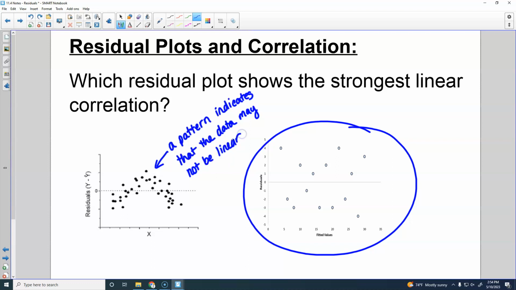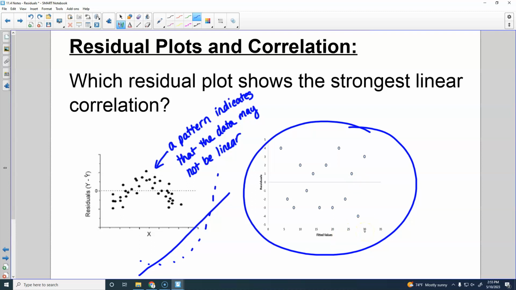So for example, if I had exponential points and I tried to make a line through them, notice how everything over here would be above the graph, then it'd go below, then it'd go above again. So if you're seeing a pattern, it may indicate that you are not actually looking at linear data. It might be exponential or quadratic or something else may fit it better. But for linear, you should see them scattered all over the place, above and below.